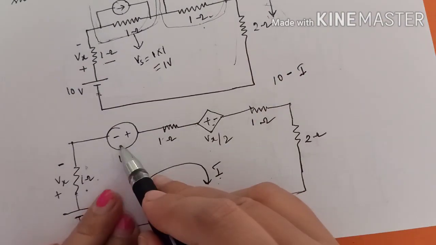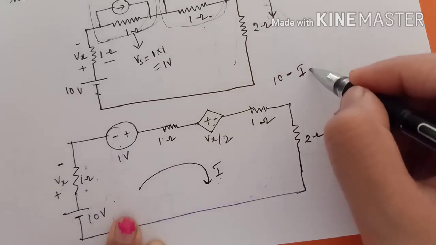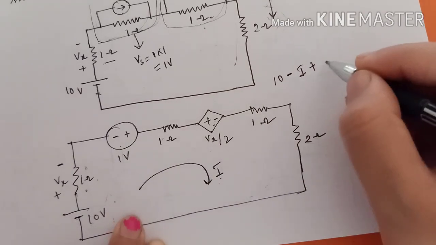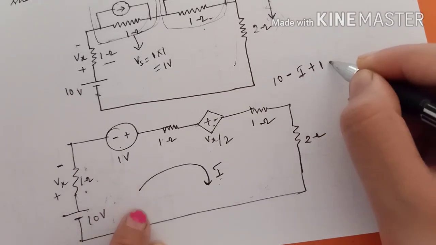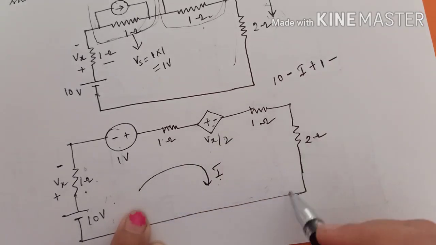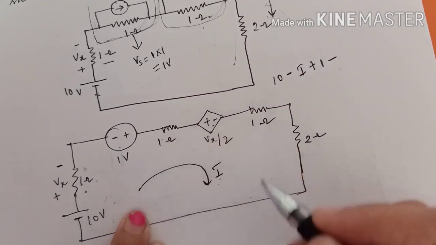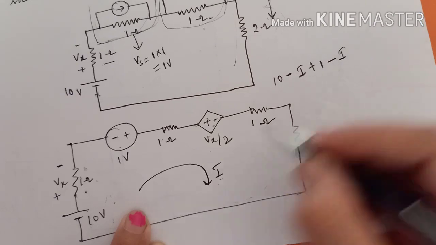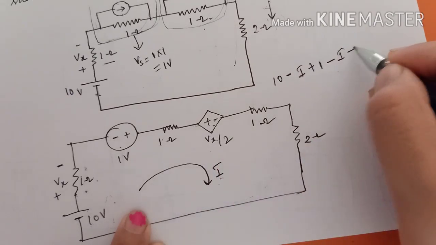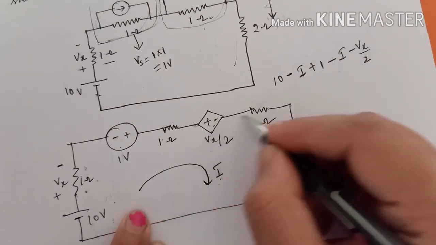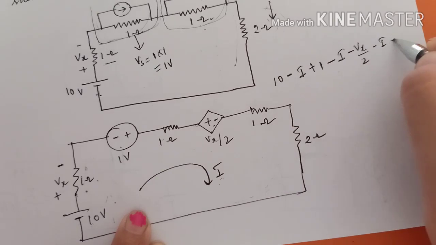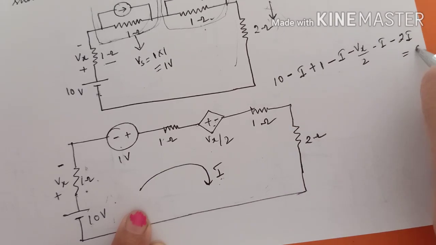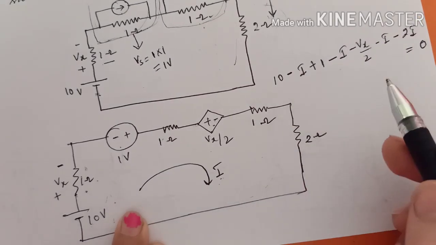Minus sign is coming first, so write plus, value is 1. Minus, you are moving in the direction of the current, so 1 into I. The plus came, so minus Vx by 2 minus I minus 2I equal to 0. So this is the KVL equation.